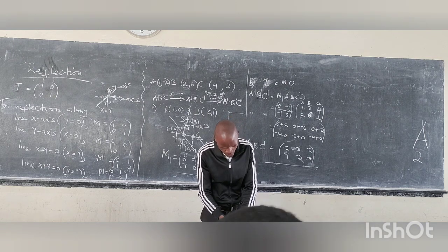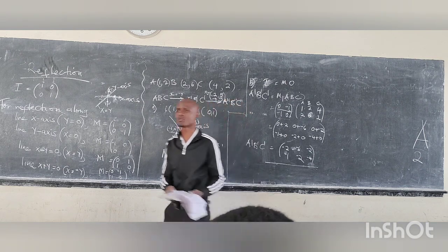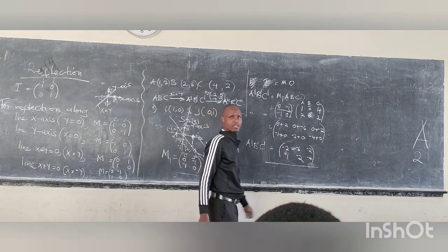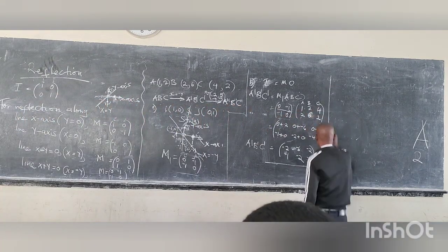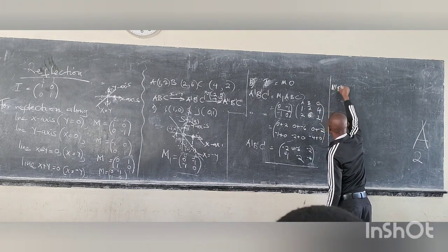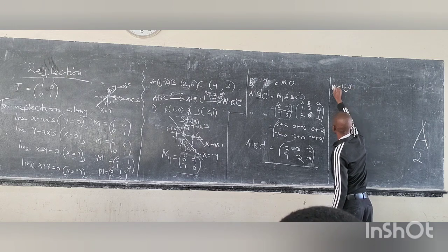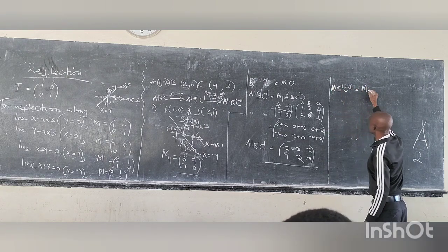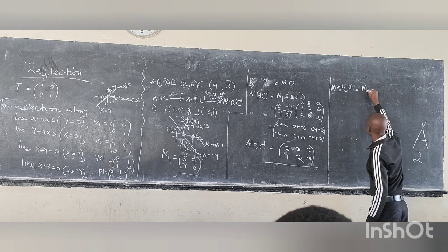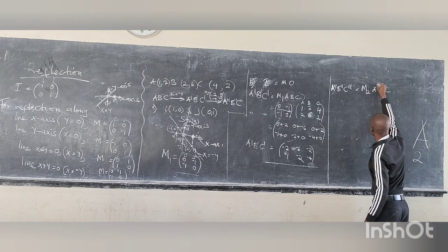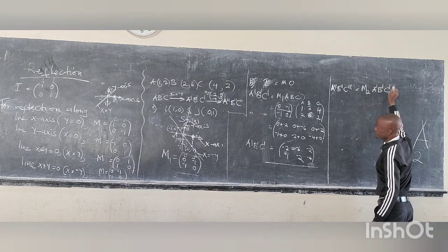Kakati, what is the next question? That we write the coordinates of A double prime, B double prime? We are just going to write by what? By columns. We are going to say that our A double prime, B double prime, and C double prime will equal, am I putting just M or M2? So M2 times A prime, B prime, C prime.